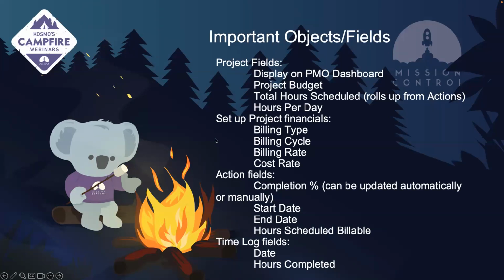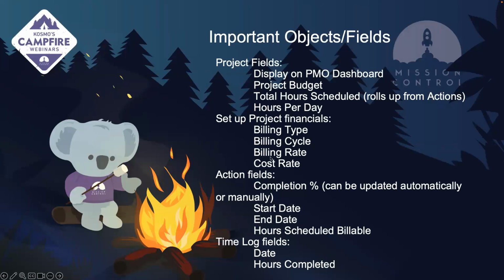The next thing you'll want to do is set up your project financials. So you'll want to select a billing type, if it's fixed price, if it's time and materials, if it's deposit to T&M, basically how you're going to collect your revenue. And then your billing cycle. So during what periods or when during your project cycle are you collecting your revenue?